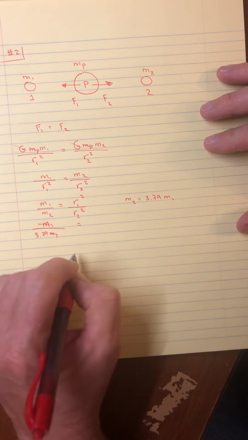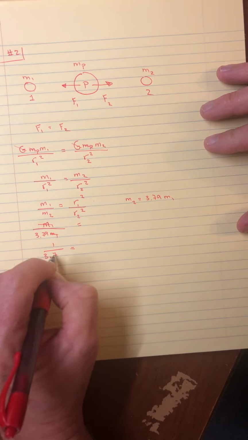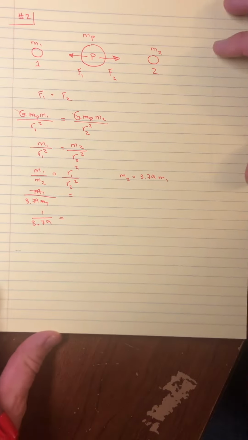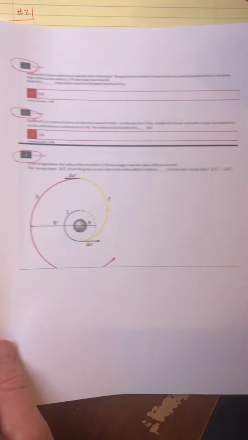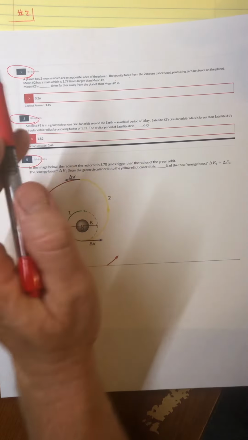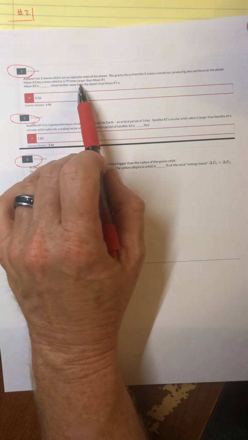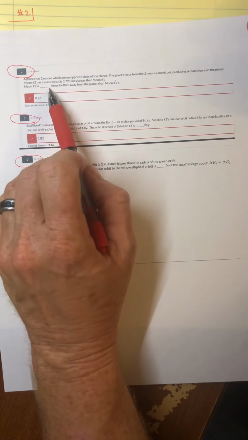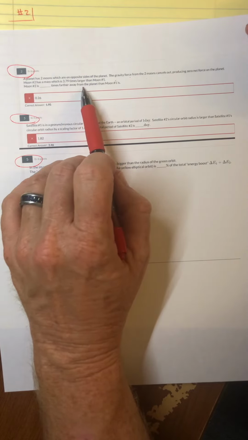Mass 1 cancels off, and you have this ratio of 1 over 3.79. So what I've got so far is that mass number 2 is this much larger, and moon number 2 is blank times further away.